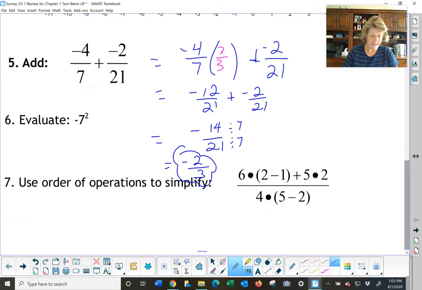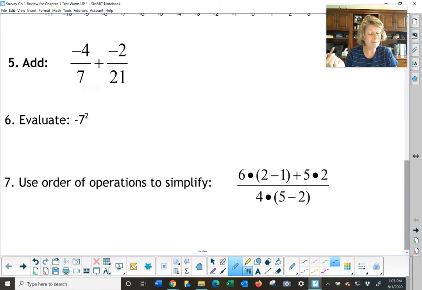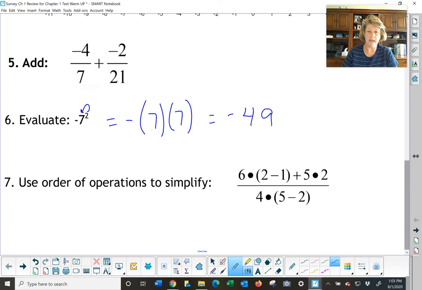The next one I like, although it's easy to miss. This is saying we're going to square. What am I squaring? I am only squaring the thing that it sits directly next to. So that means in this case, the negative is not part of the squaring. So it's really turning into a negative 7 times 7, or negative 49.